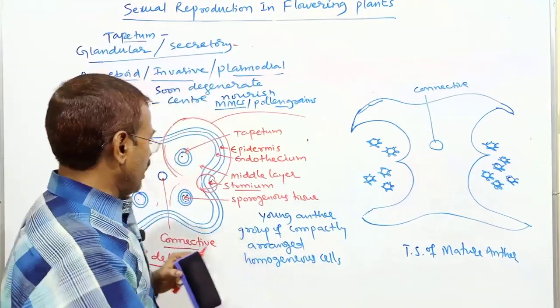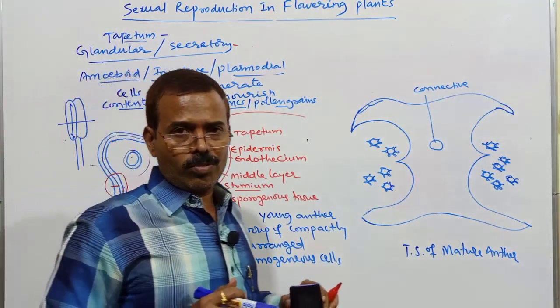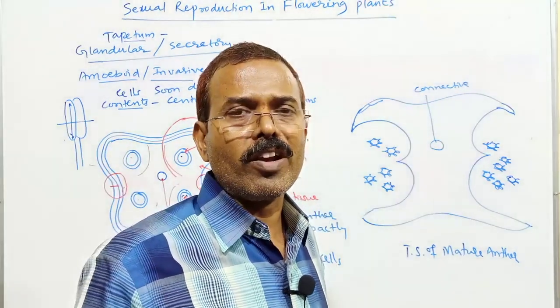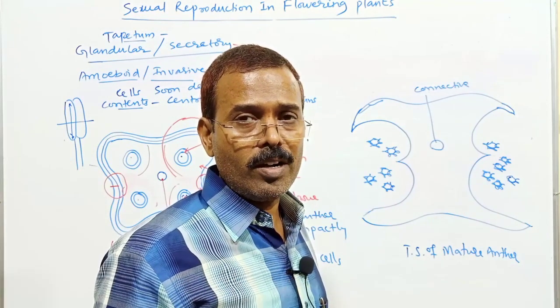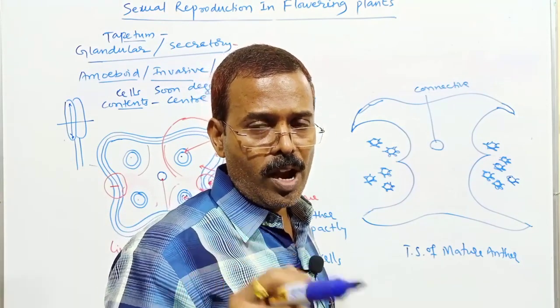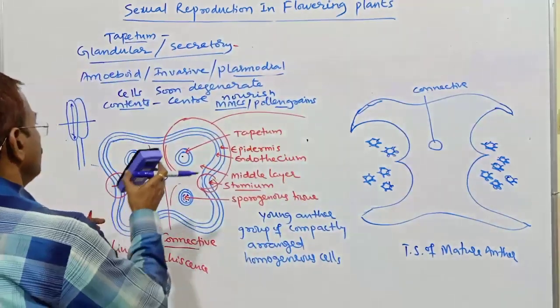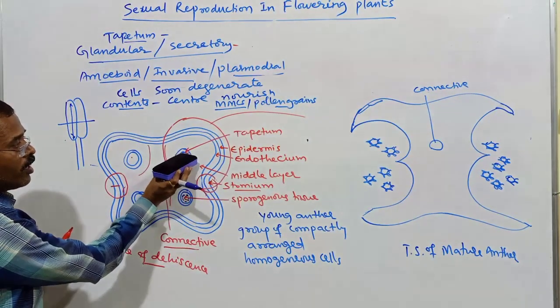So in the microsporangium, there is a process which results in the formation of microspores or pollen grain. This process is known as microsporogenesis, which occurs within the microsporangium here.